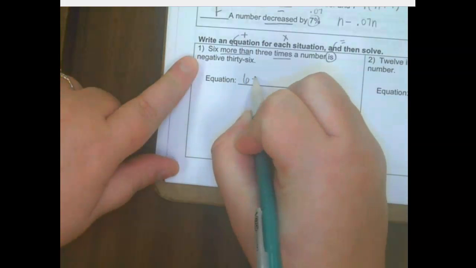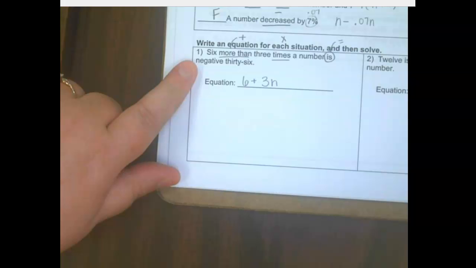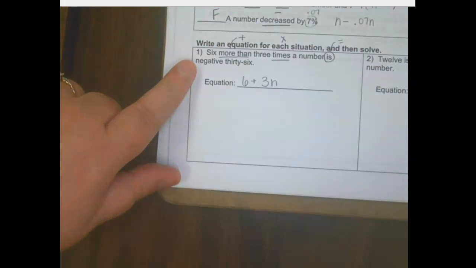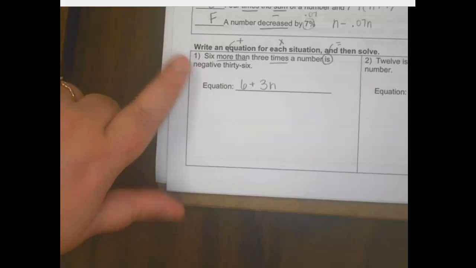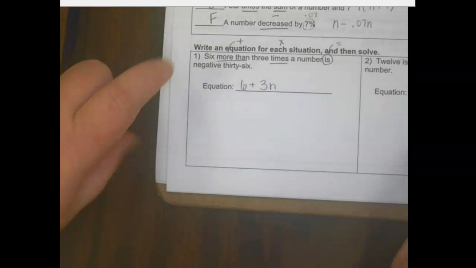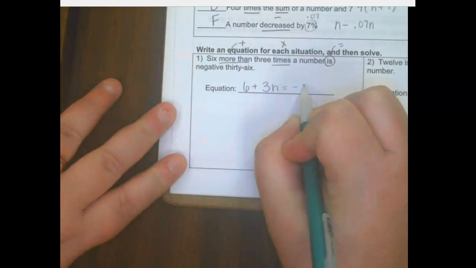So we're going to have 6 more than 3 times a number. And I'm using n just because we're solving for a number. Can I use any variable I want? Yeah, you can. A lot of times they'll abbreviate just based on what you're solving for. So here we're solving for number, so n. Is negative 36. Any issues with setting that up? Go ahead and solve on your own.